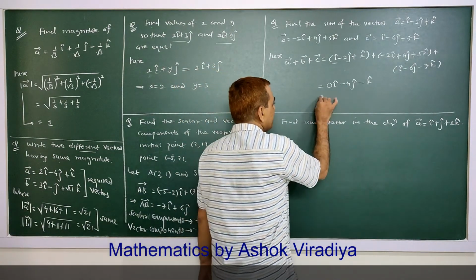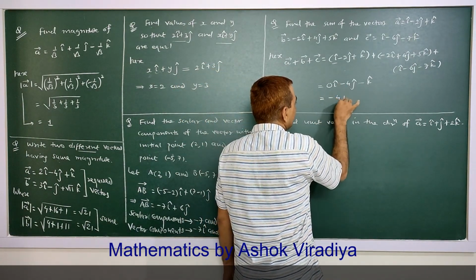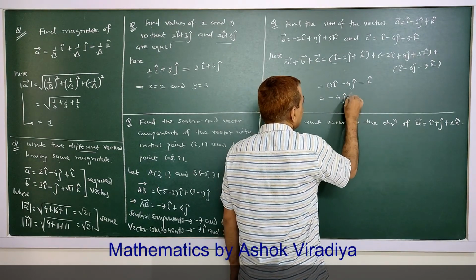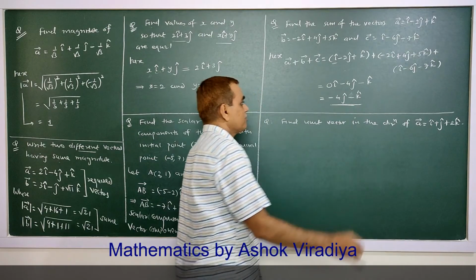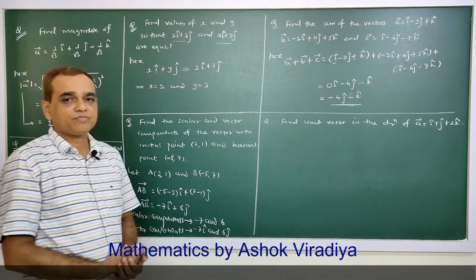So this is simply denoted as minus 4j plus minus 1 times k cap. This is the required addition of vectors.